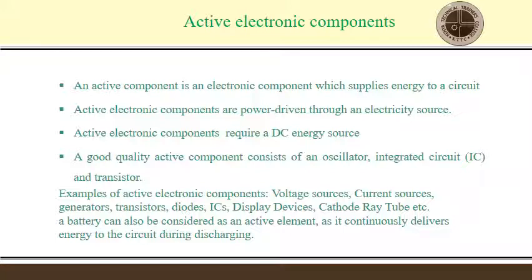Examples of active electronic components are voltage sources, current sources, generators, transistors, diodes, ICs, display devices, the cathode ray tube, among others. Later in the lesson, we are going to tackle each of these components individually to know what their function in a circuit is.